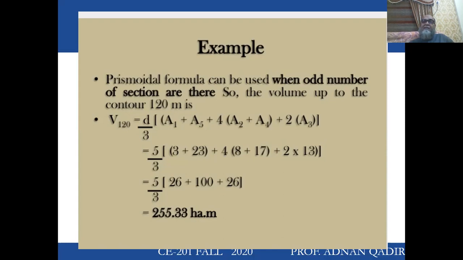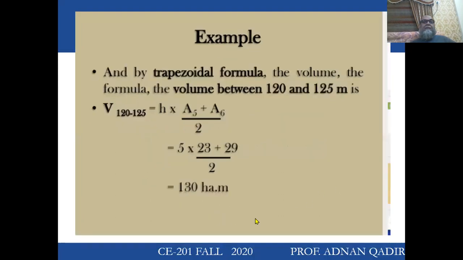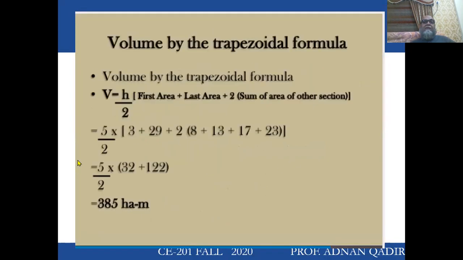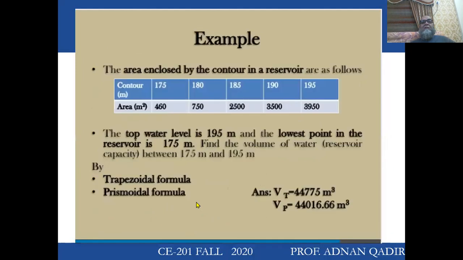Similarly, what you do is you get the areas in hectares and take the depth in meters. So that's why hectometer. And the area of the trapezoid you can always find this way: first area plus last area plus 2 times the sum of the other sections. You can use either of these forms.